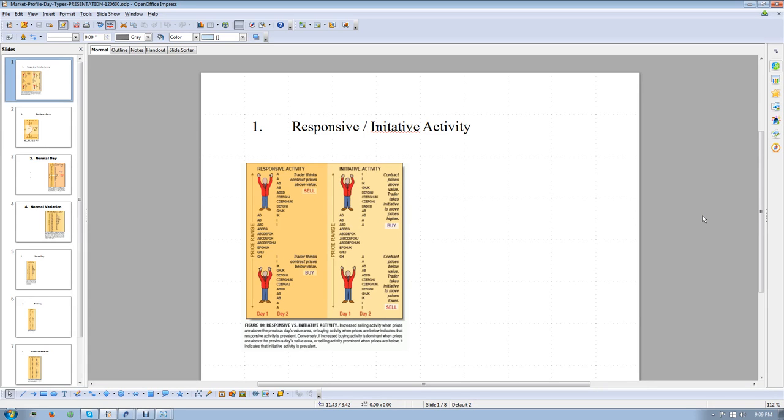learned a little bit about the market profile graphic, the value areas, points of control, the rotations, and all of those good things in there.